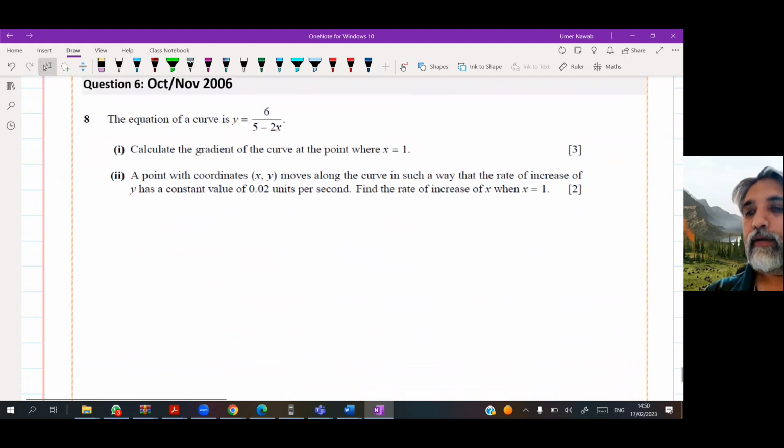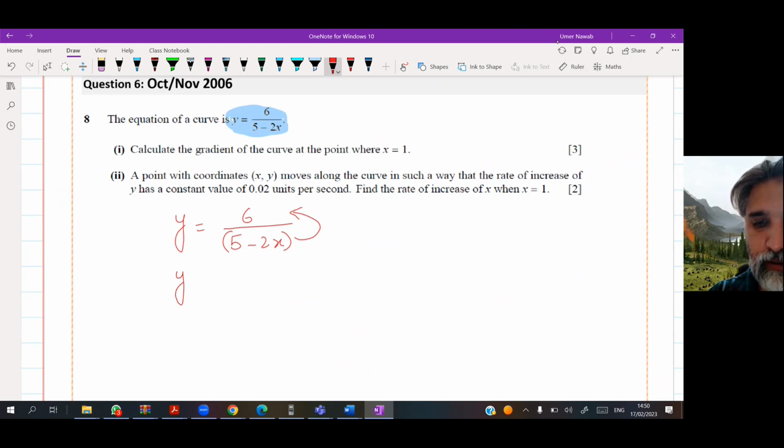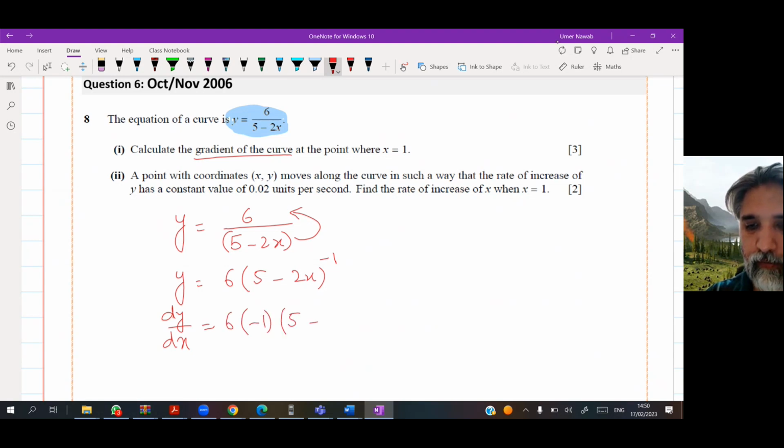Now, question number 6. The examiner gives you this type of function. For sure, you will say that if we want to get the derivative, we need to send this to the top. y equals 6 times (5 minus 2x) raised to the power minus 1. The word gradient means dy by dx has to be found. 6 times minus 1 goes back, (5 minus 2x) to the minus 1, chain rule.